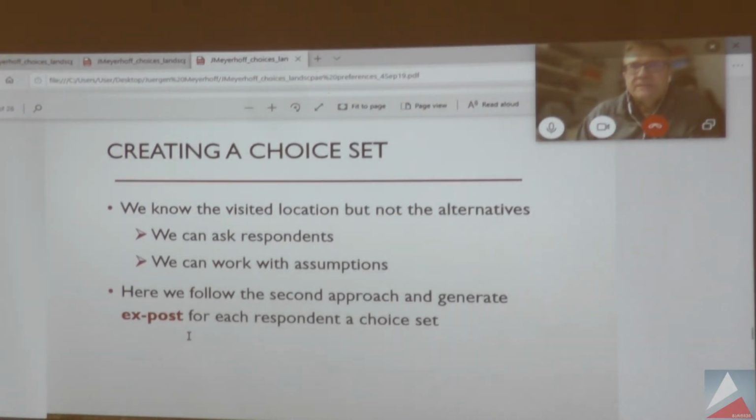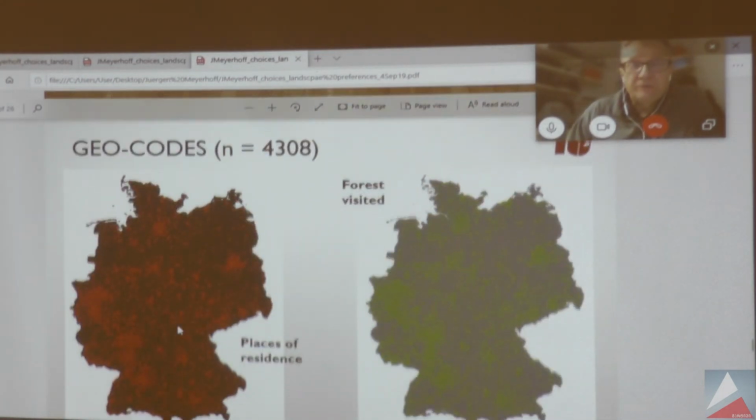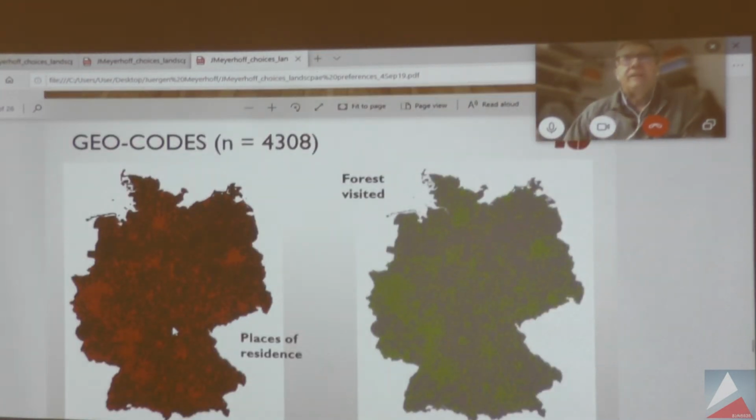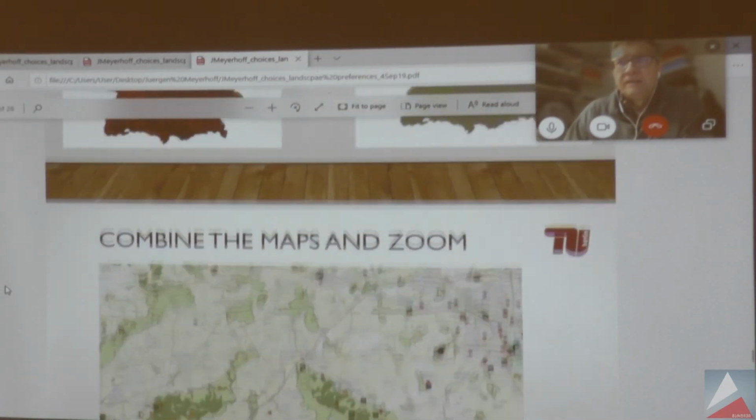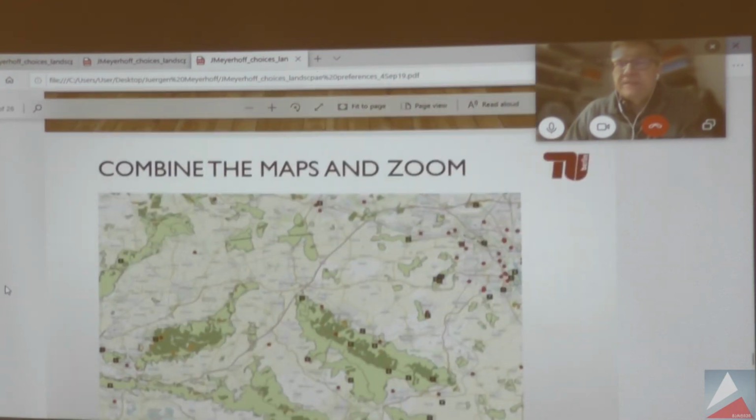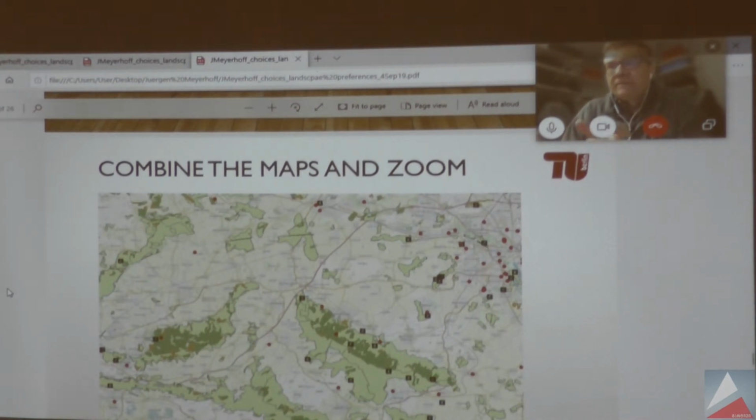On the left side, you see the number of interviews where people indicated their place of residence, the red dots. And on the right side, you can see the number of forest locations people have indicated on the map. Overall, the distribution of dots follows the population distribution in Germany quite well. So when we combine these two maps and zoom into them, we can see a more detailed view of the landscape.